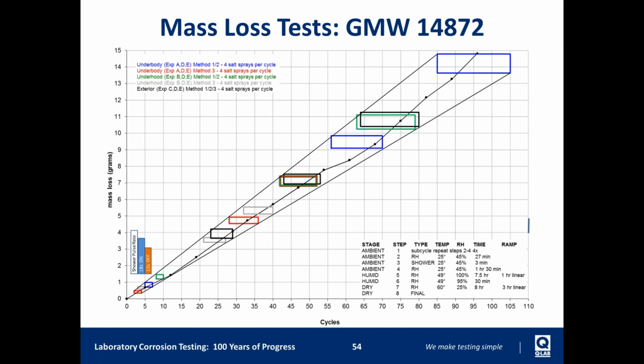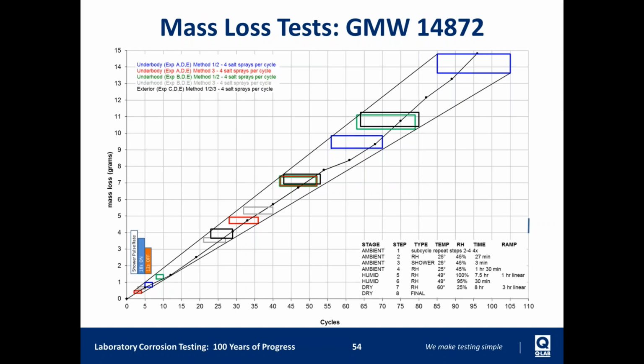And to give you an idea of what we're looking at, this is a diagram of the various positions on a vehicle and durability levels of the material, and that largely determines how long you're going to be running the test. But in this window, you'll see that we have the two black lines that are outlining these boxes, and that's the general range of mass loss that you're looking for on these coupons per day.